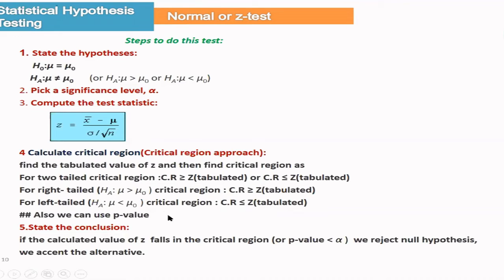We can also do the p-value, and we'll do it in detail. If the value of z falls in the critical region, we reject the null hypothesis and accept the alternative. This is the last step, the conclusion. We'll do more details with an example. This is just the format for how to do the one sample Z test.